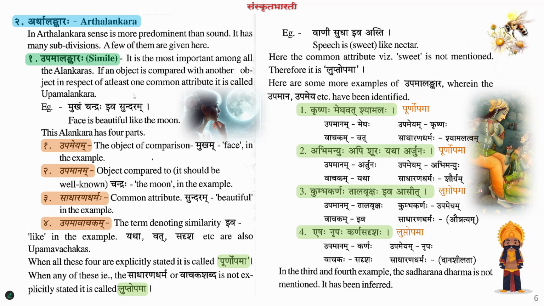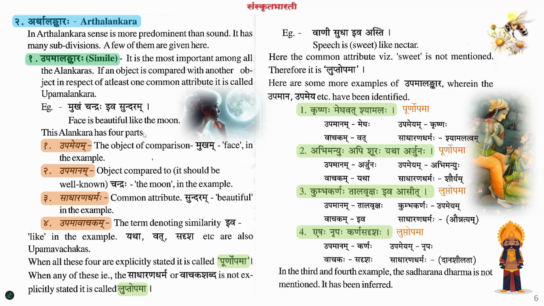Chandrasya Mukham api Sundaram, Asyaha Mahilayaha Mukham, Mahilayaha Mukham api Chandraha iva Sundaram. It can mean another meaning if we talk of craters of the moon, but the Kavis don't mean it in that sense. Face is like the new moon, beauty of the new moon. Face is beautiful like the moon.